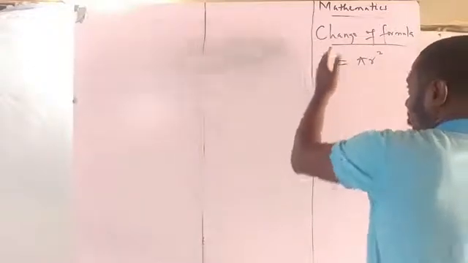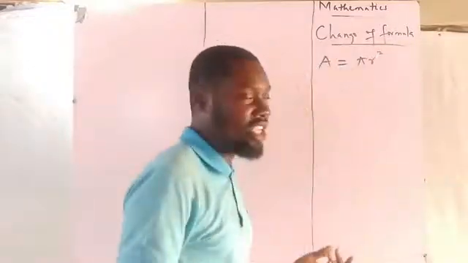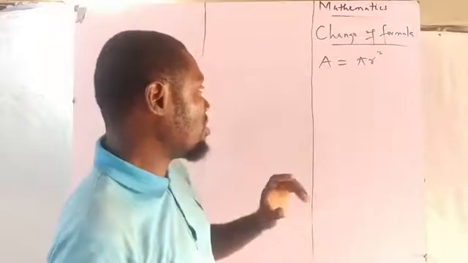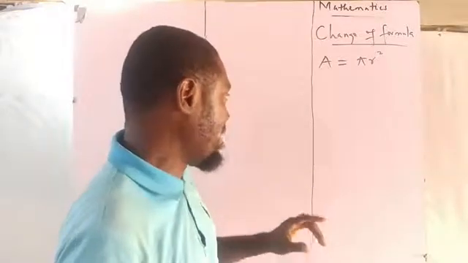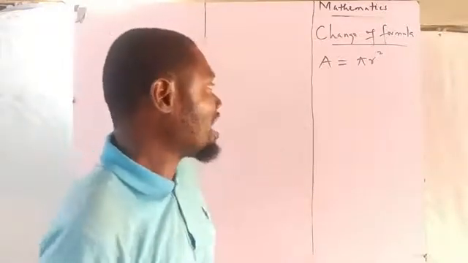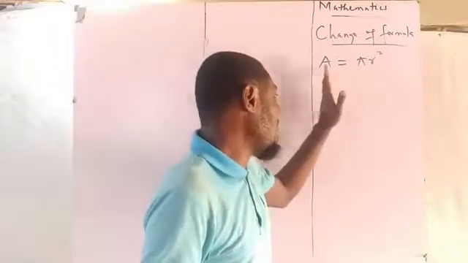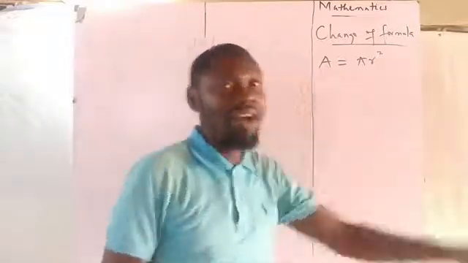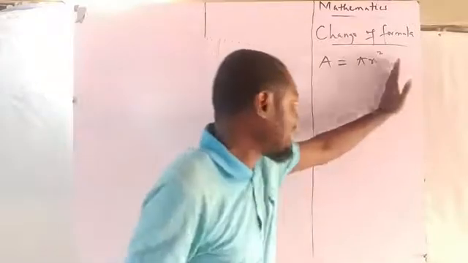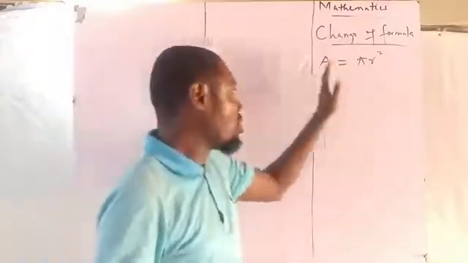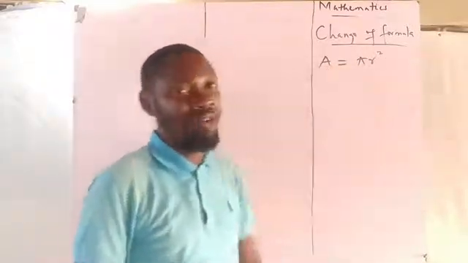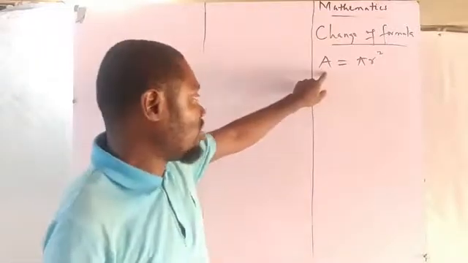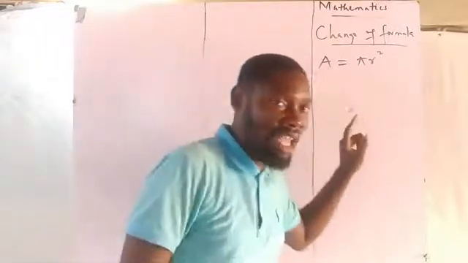So based on how you're facing, whatever the case may be, your subject of the formula should always be at this side, equating the other variables. Now, where A is right now, A is the subject of this formula.